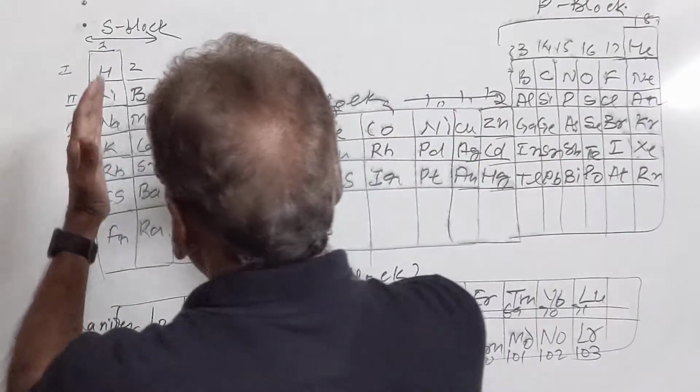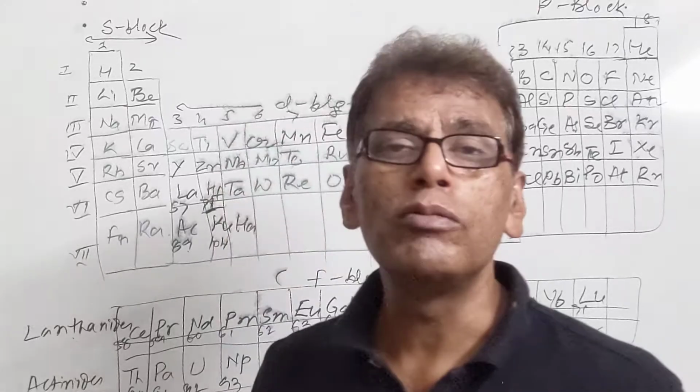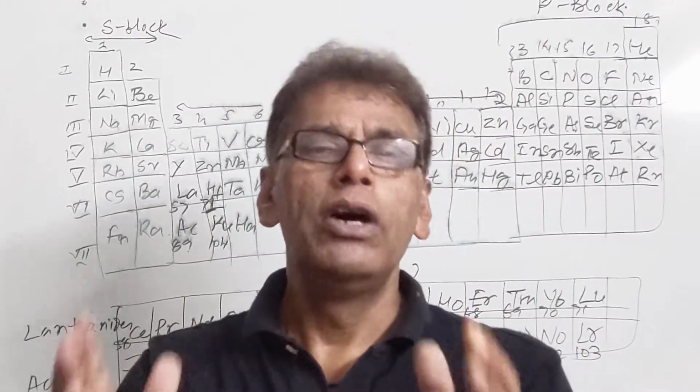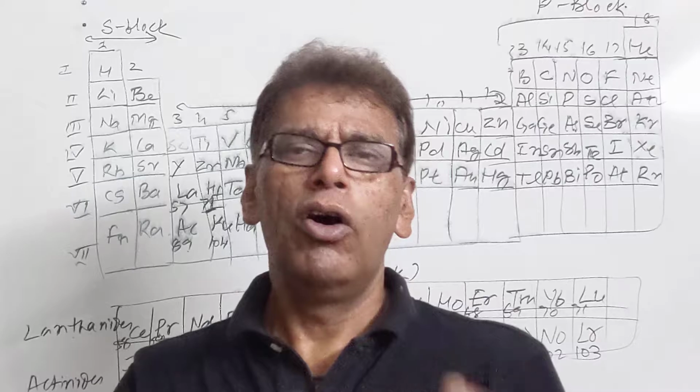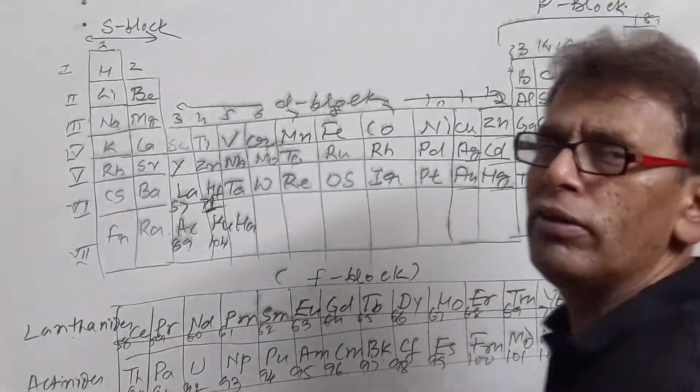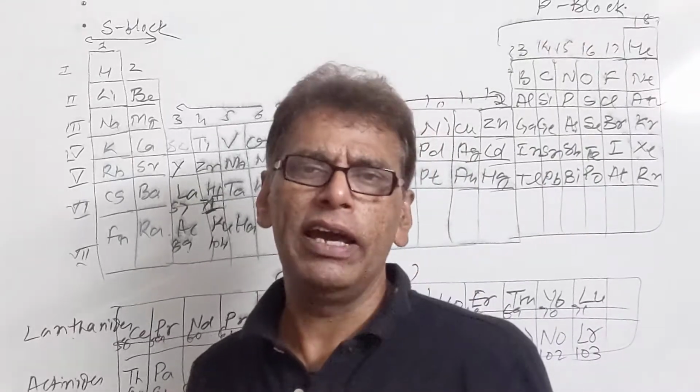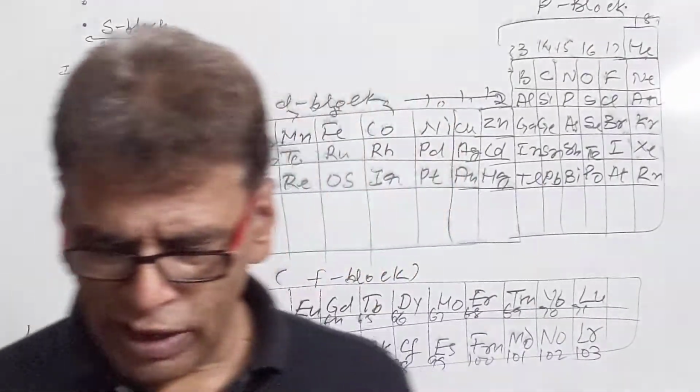So their tendency to lose electrons is measured in terms of ionization enthalpy, ionization potential or ionization energy, and their tendency to accept electrons is measured in terms of electron gain enthalpy or electron affinity.